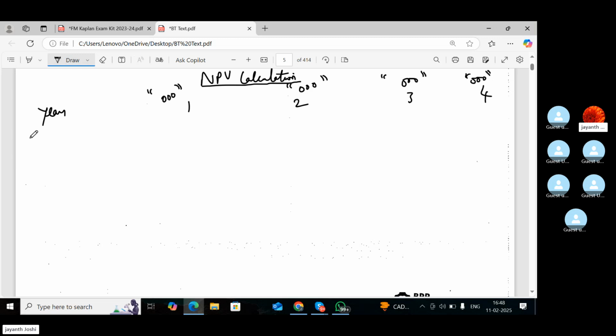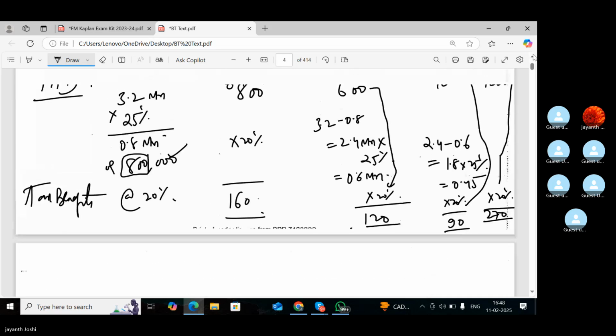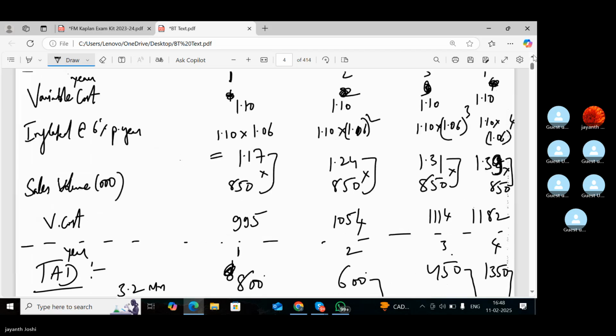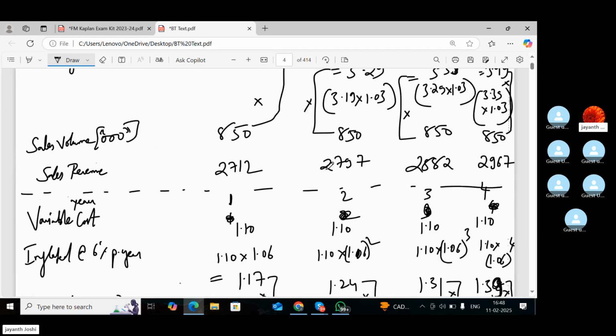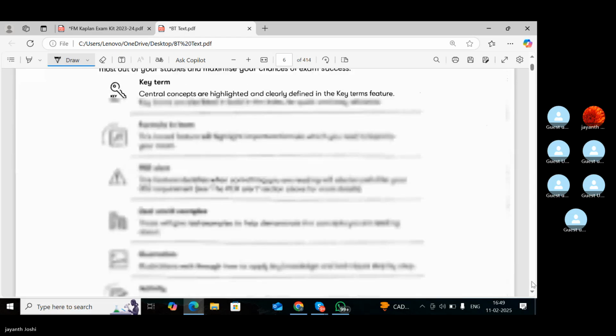Now we'll start with sales revenue, which we have calculated: 2712, 2797, 2882 and 2967.